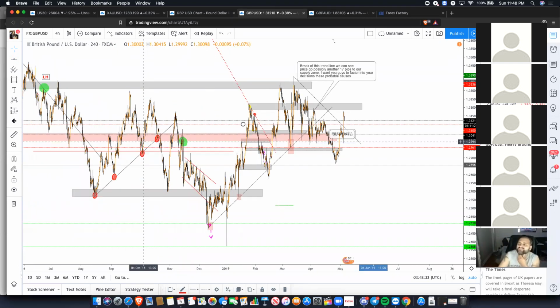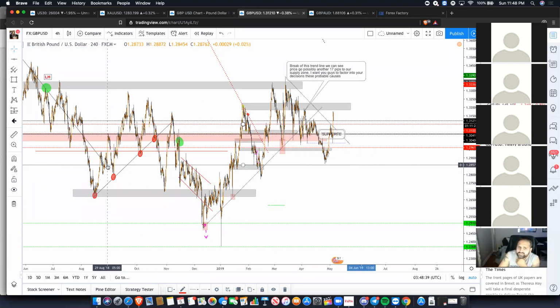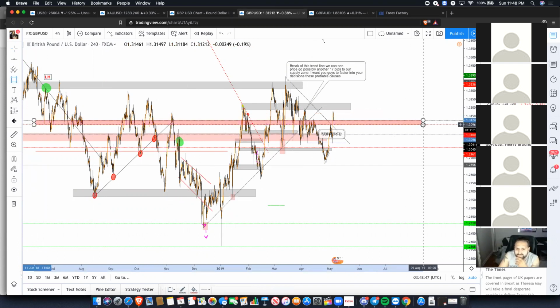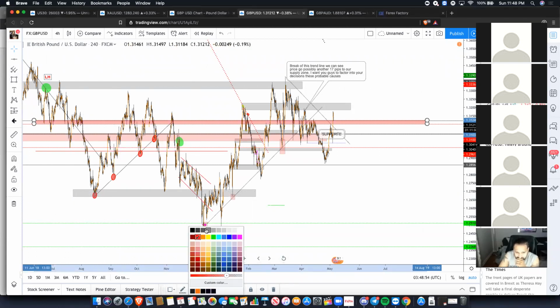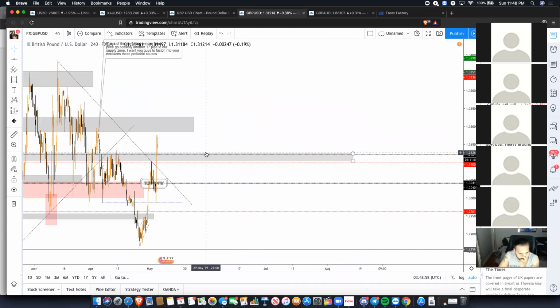Another thing too, if you look left, based off of the price we're looking for it to bounce off of, there's a huge psychological zone right here. The market always comes to retest that area or that price point.